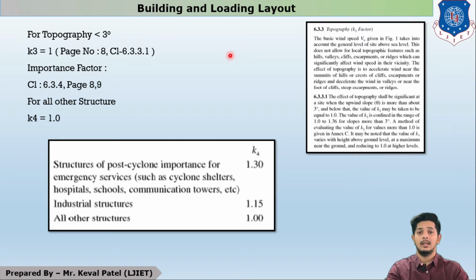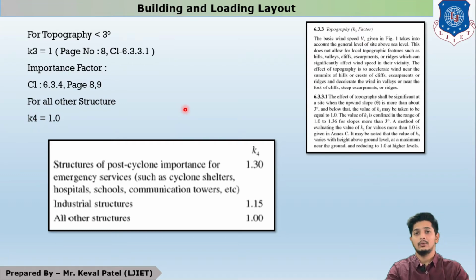We will understand some more problems which are having slope greater than 3 as well. Now, after K3, we will move to K4. According to IS code, K4 for all other structures than those shown here is taken as 1. It is given on page number 8 and 9.